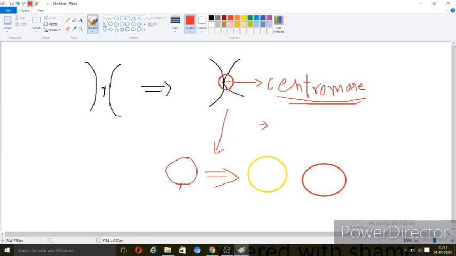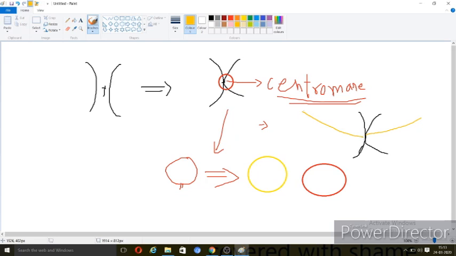We call this one a mother cell. Now during cell division, there are two chromatins, and these chromosomes are there. What will happen is the spindle fibers will get attached somewhere.